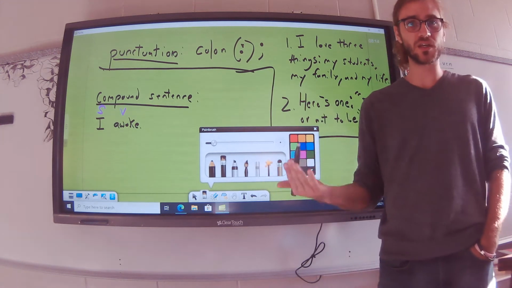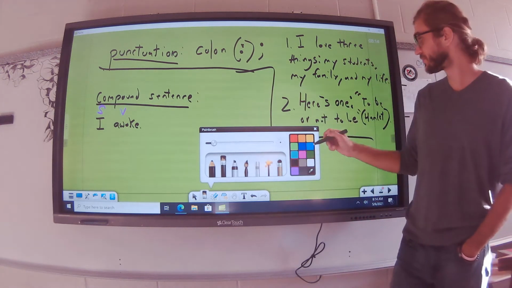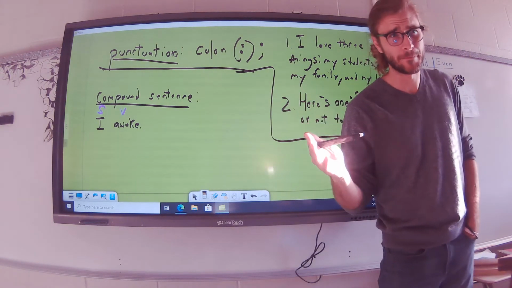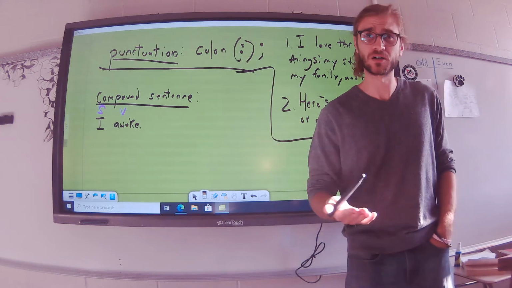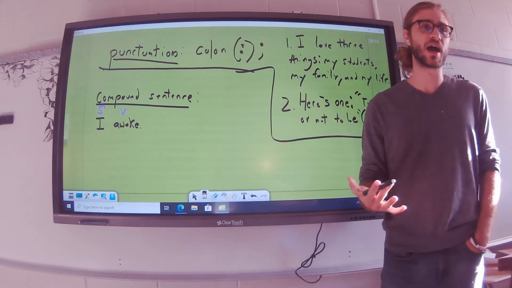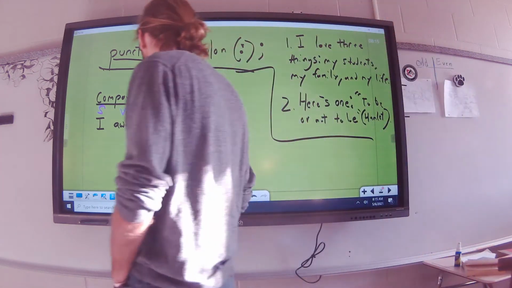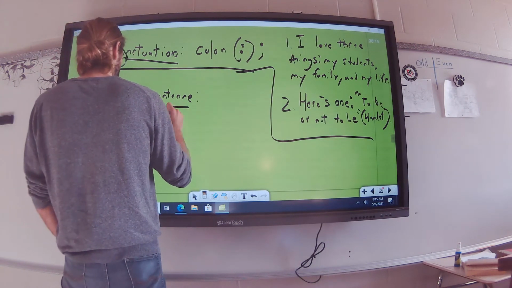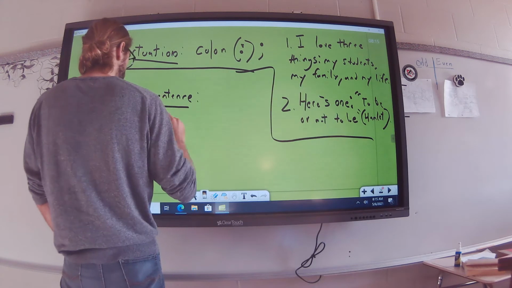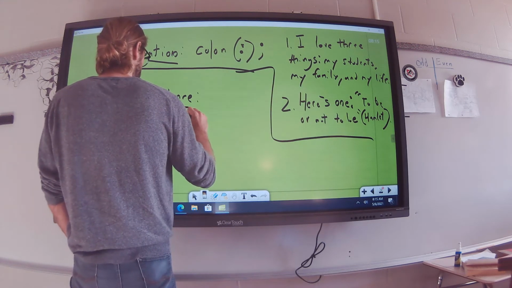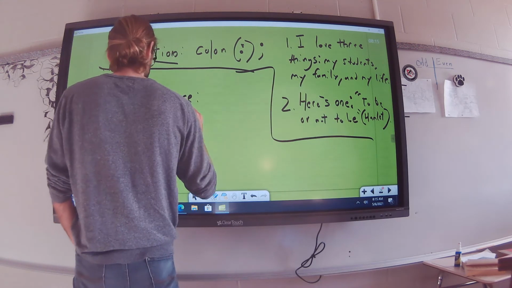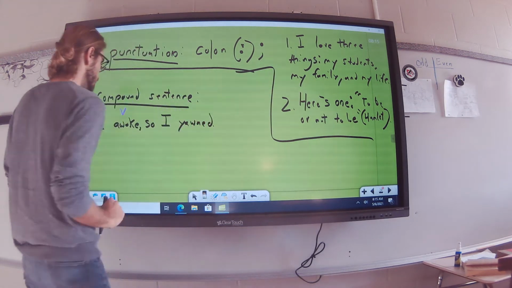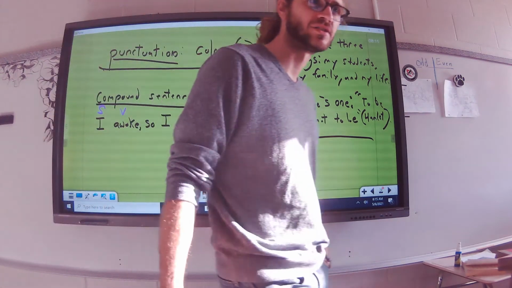And usually the way we do that is by putting some punctuation on it and also adding a conjunction. So for example, I awoke, so I yawned, right? So now we've made a compound sentence here.